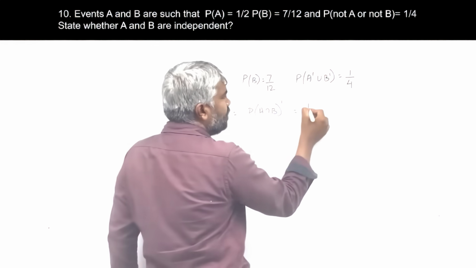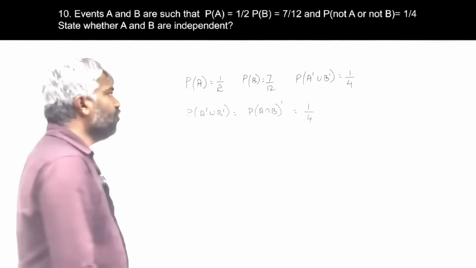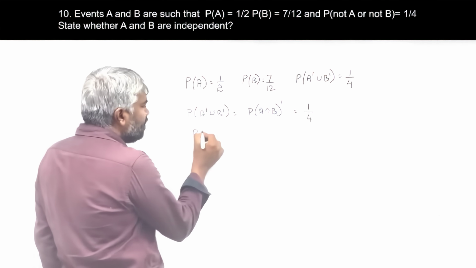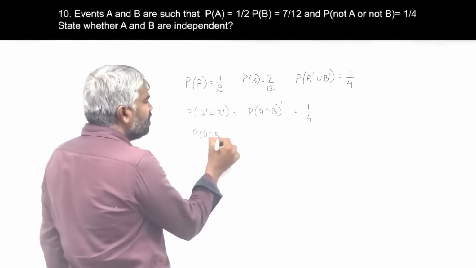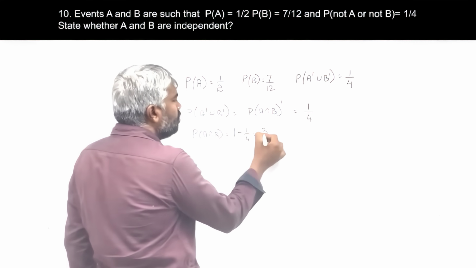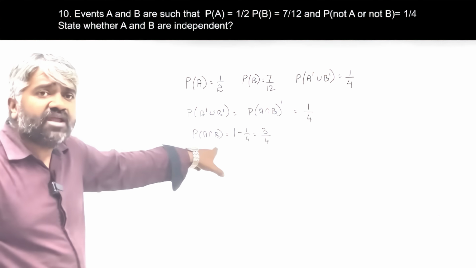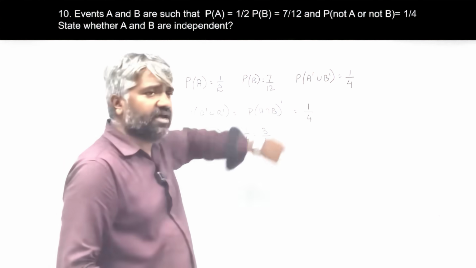They have mentioned that P of A intersection B whole dash is 1 by 4. Then what is P of A intersection B, which is 1 minus 1 by 4, 3 by 4, right? This is the value of A intersection B which I have derived from the given data.